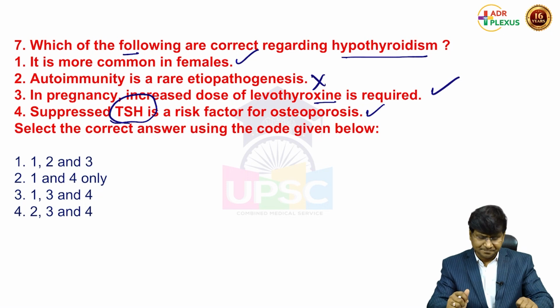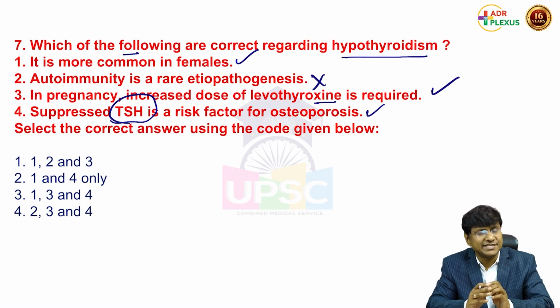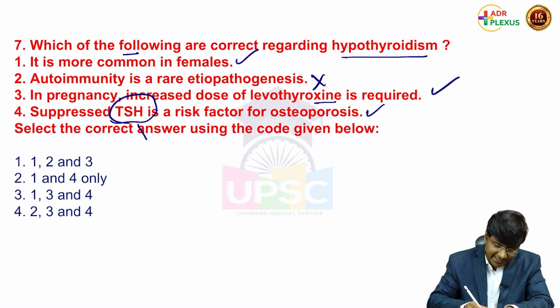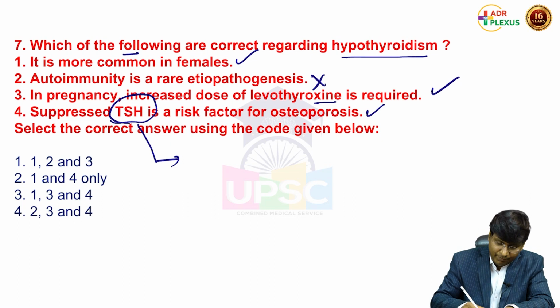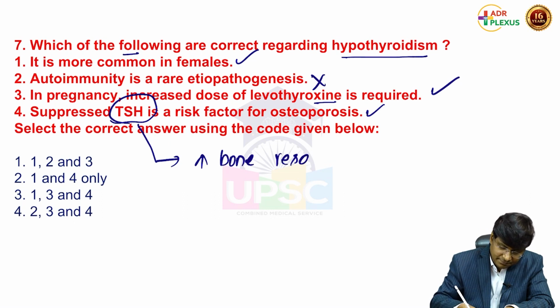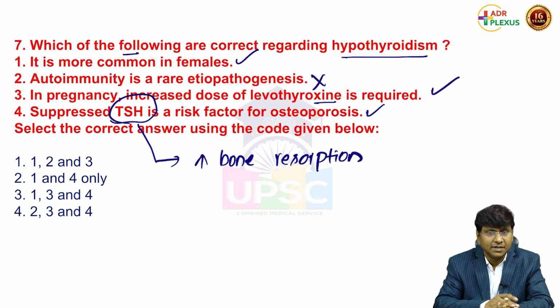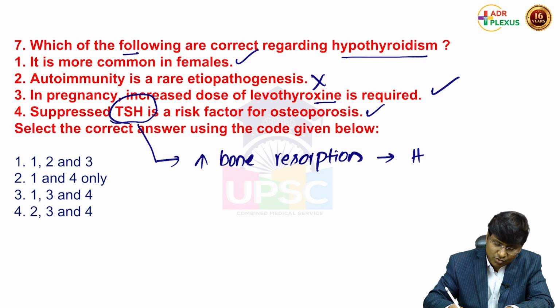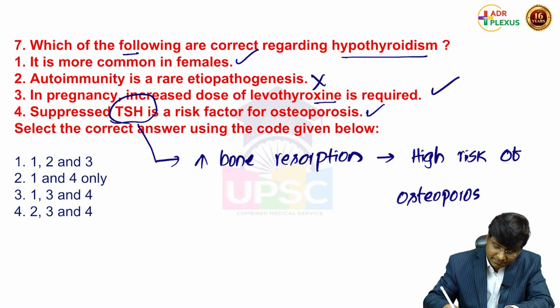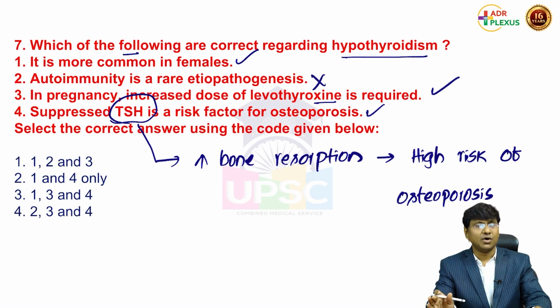This suppressed TSH can increase the bone resorption, and thereby there is high risk of osteoporosis.